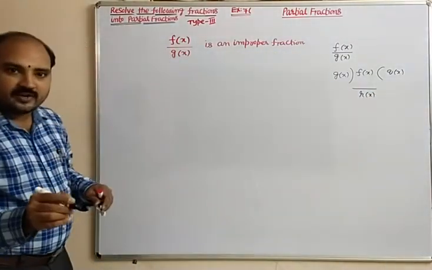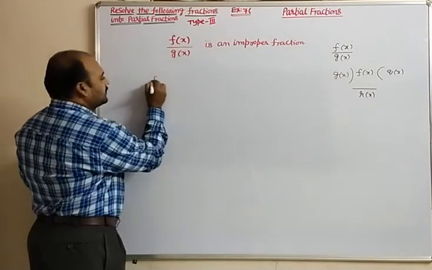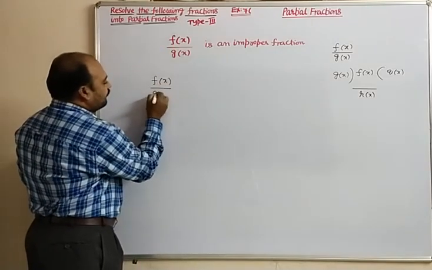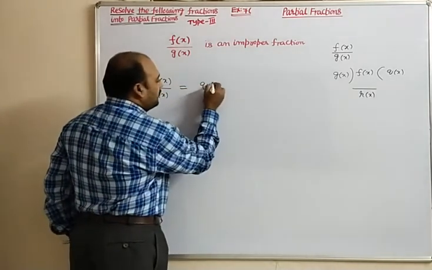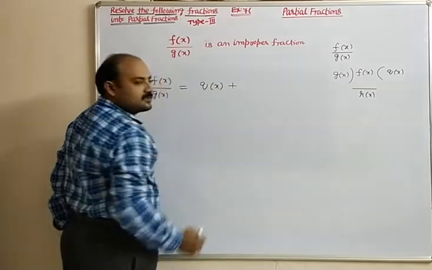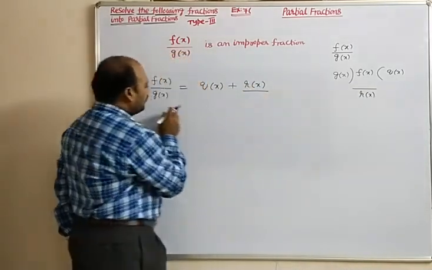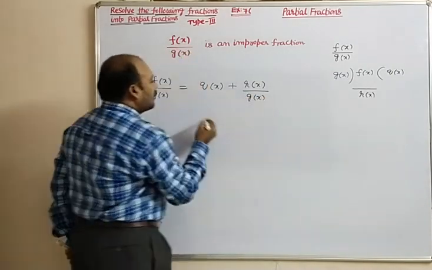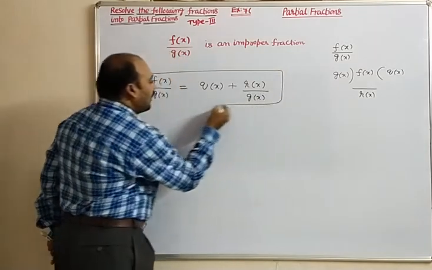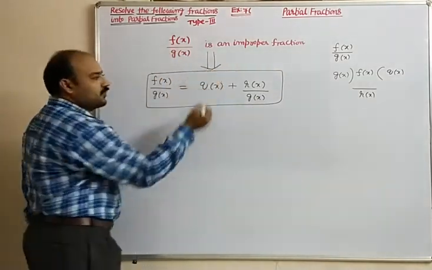So by the division algorithm, the improper fraction f of x divided by g of x can be expressed as quotient plus remainder divided by divisor, that is g of x. Like this, an improper fraction can be converted into this form.